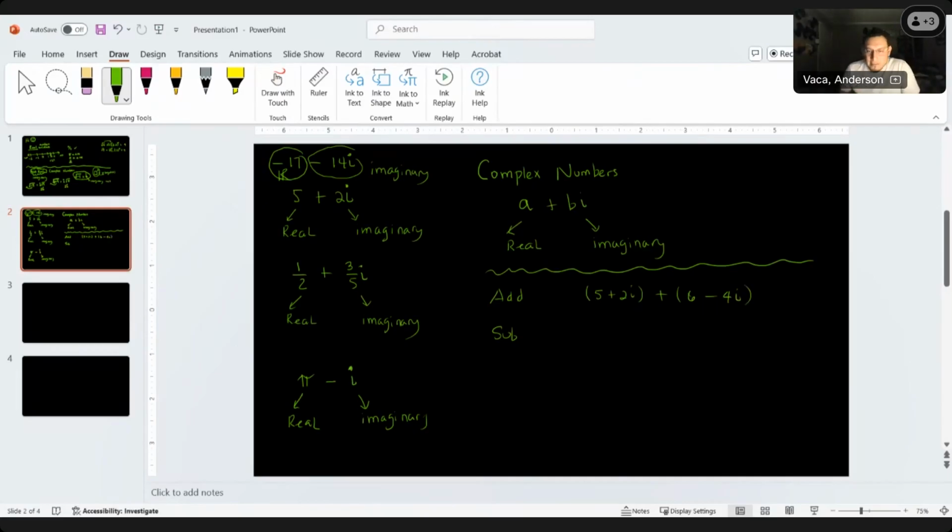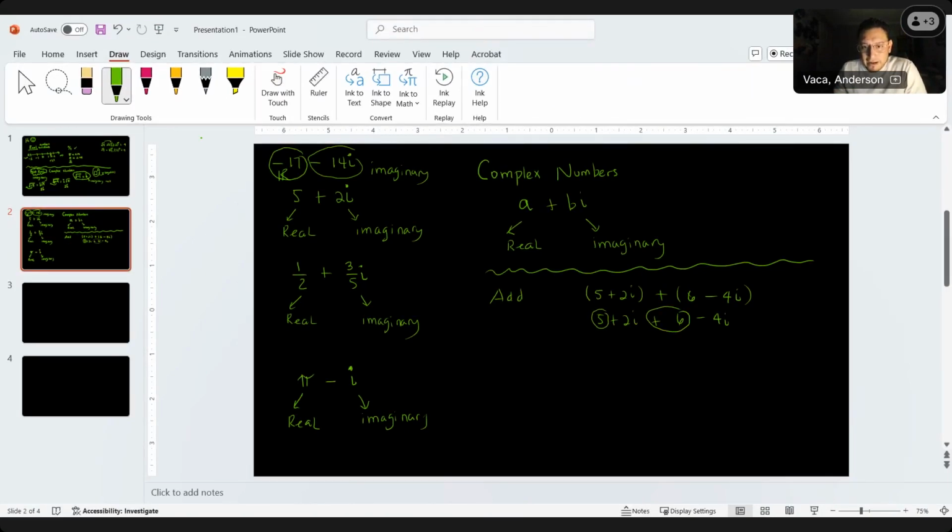So how would I do this? Well, because I'm doing an addition, I really don't need these parentheses. So I'm just going to do plus 6 minus 4i. Let me go ahead and get this out of the way so it doesn't get in the way. And then what would I do? I will combine like terms.